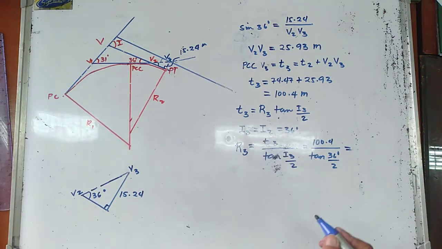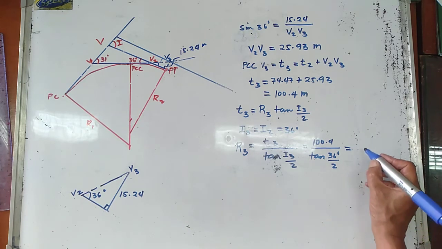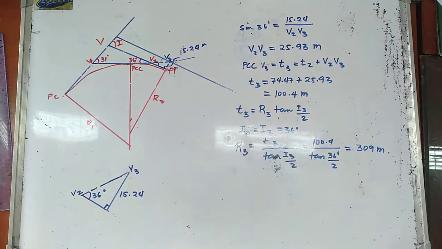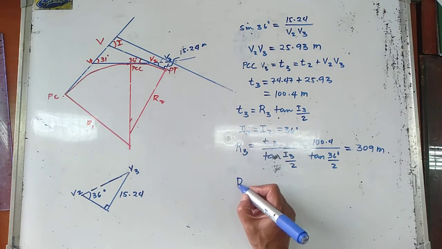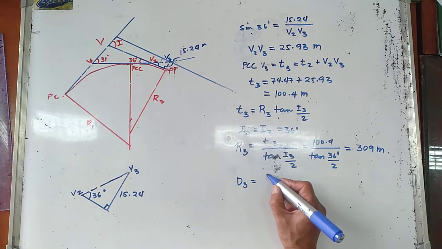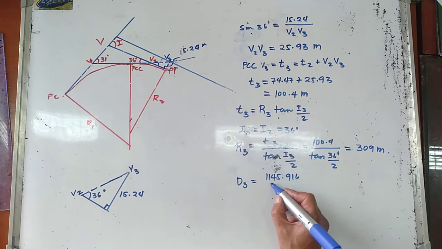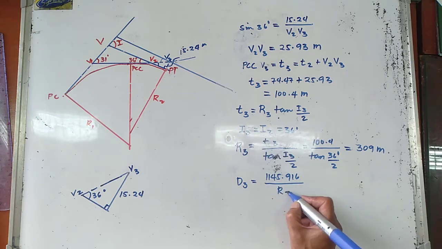And this one is now equal to 309 meters. Next, let's try to determine now your D3 is equal to 1145.916 all over R3.